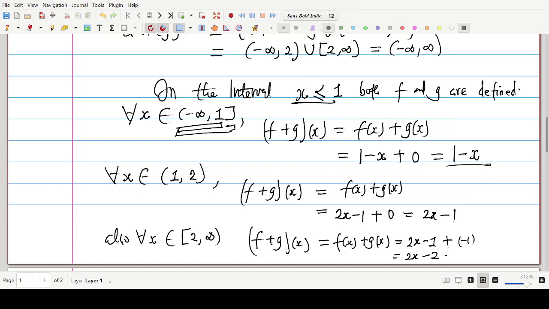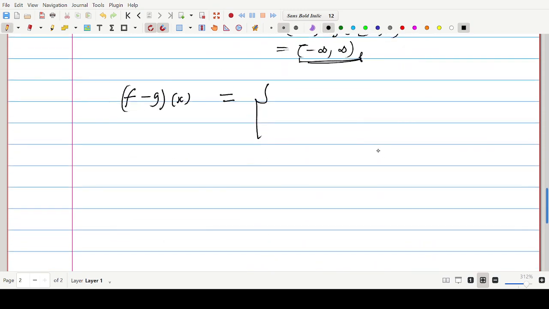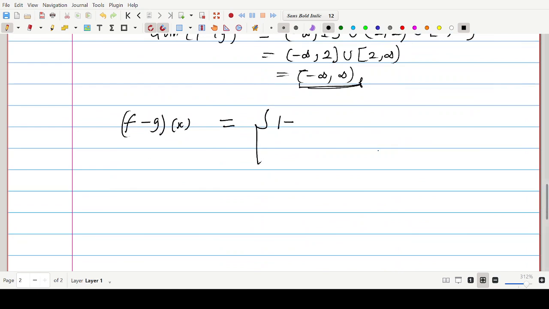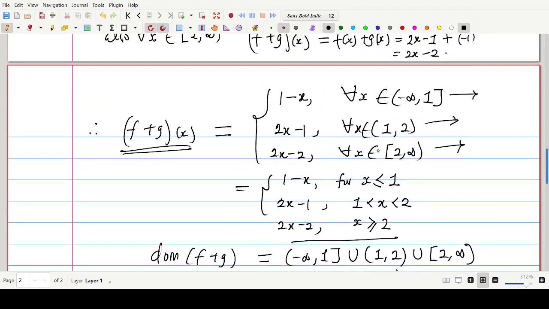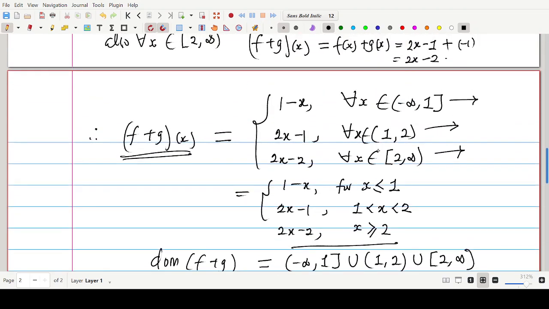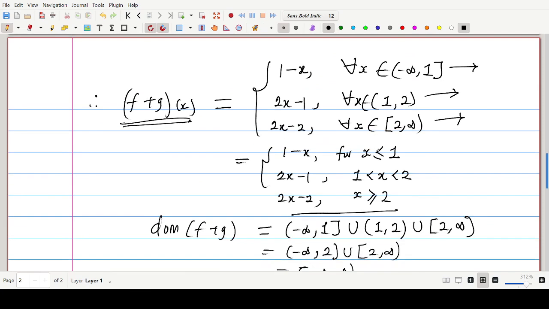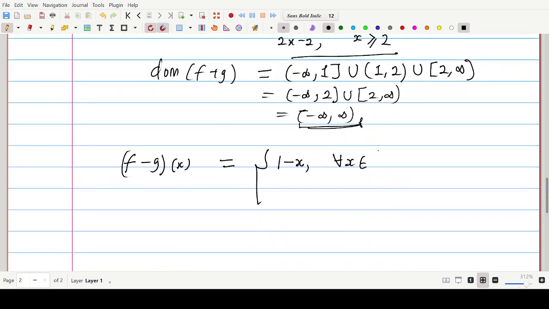All right, that means there will be 1 minus x minus 0, and that will give me 1 minus x. All right, so in that case I can come here and write 1 minus x for all x that are elements of minus infinity to 1 inclusive. All right, so we're done with that one.